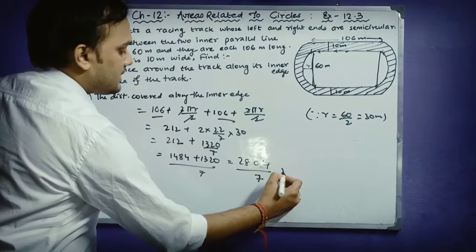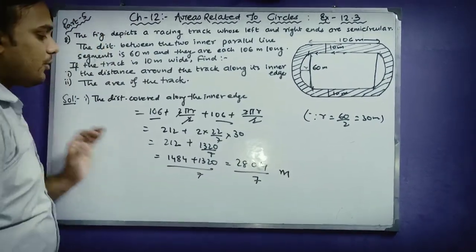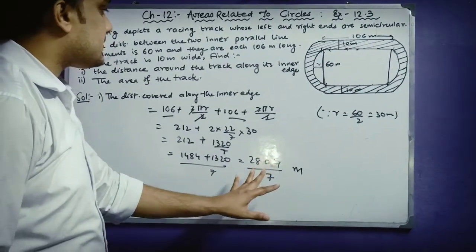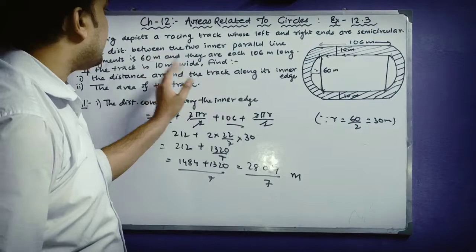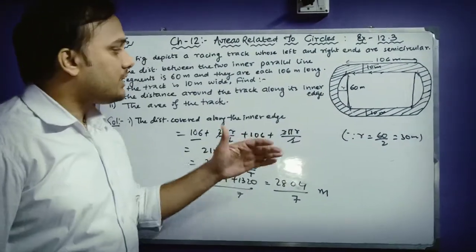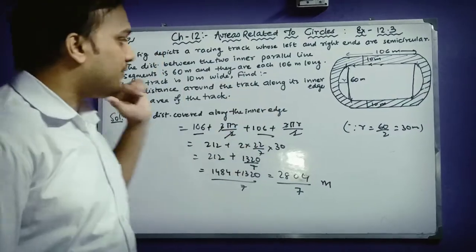So our answer is 2804 by 7 meters. This is the total distance covered by the runner in a single round along the inner edge. Okay, now students, let us move to the next part of this question.